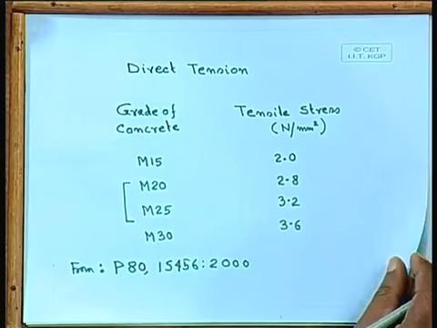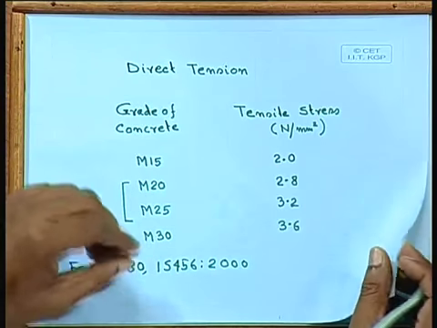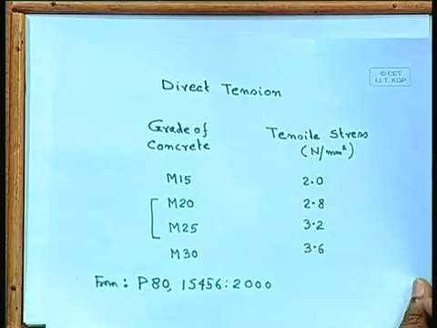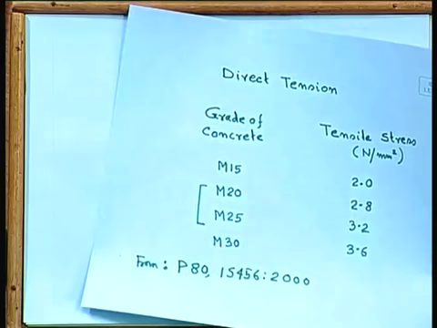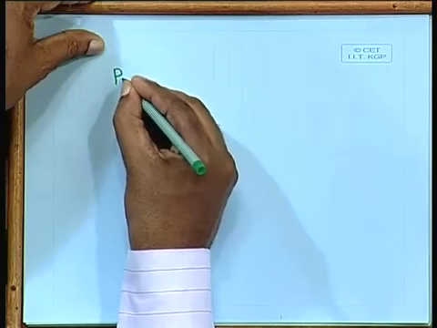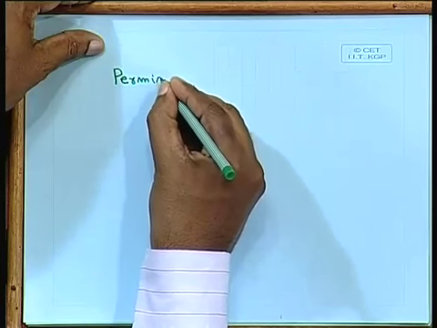Otherwise, of course, it will be specified in the question paper in the examination. I can go to the next one, because we should know the permissible stresses, otherwise we cannot design.